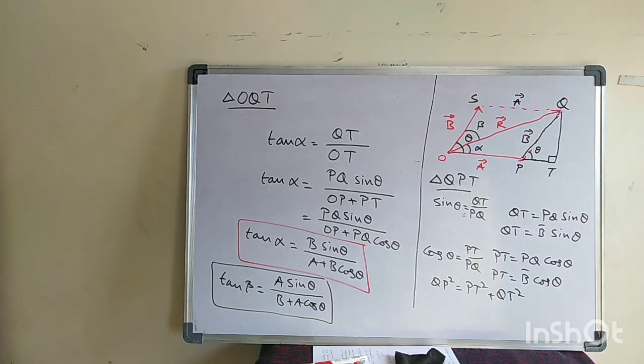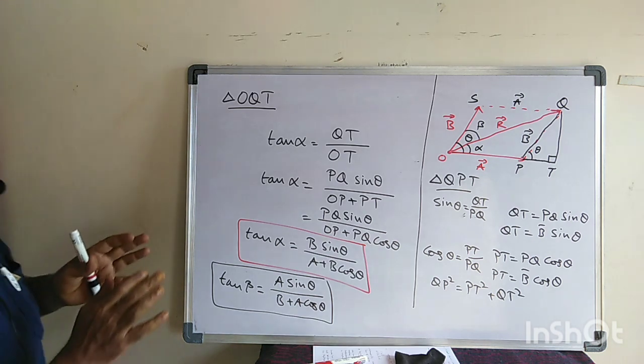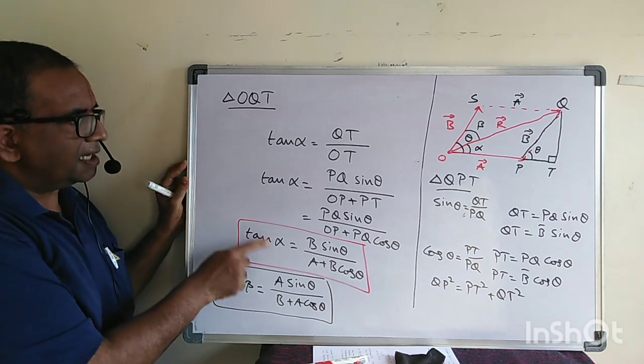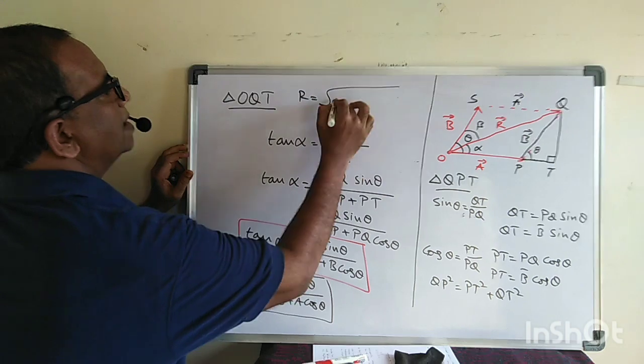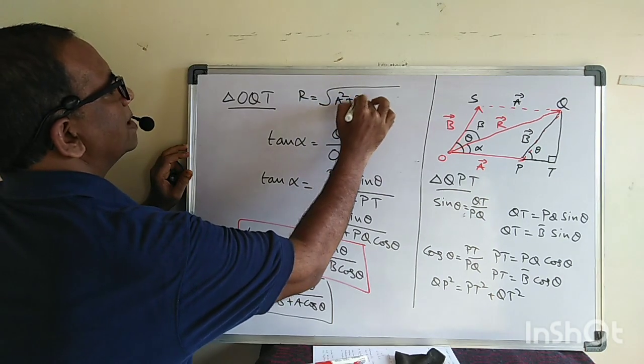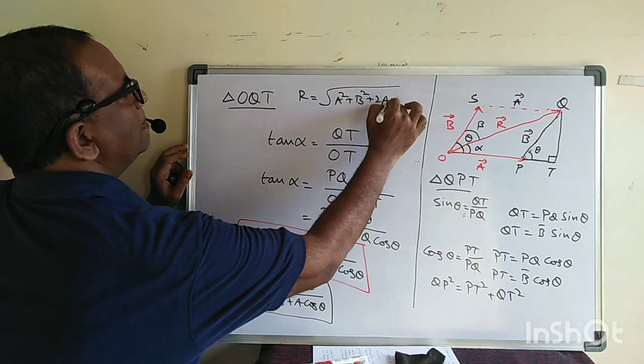By using this parallelogram law of vector addition, we got the resultant R, where R equals root over A square plus B square plus 2AB cos theta.